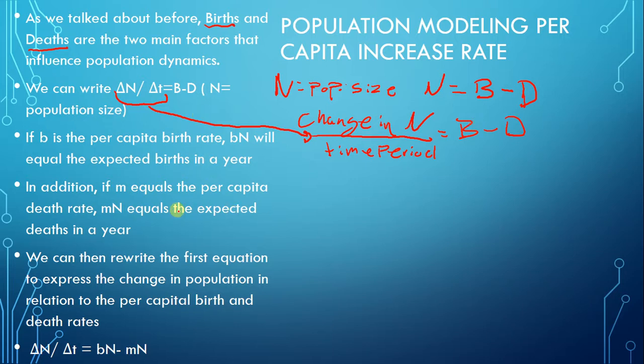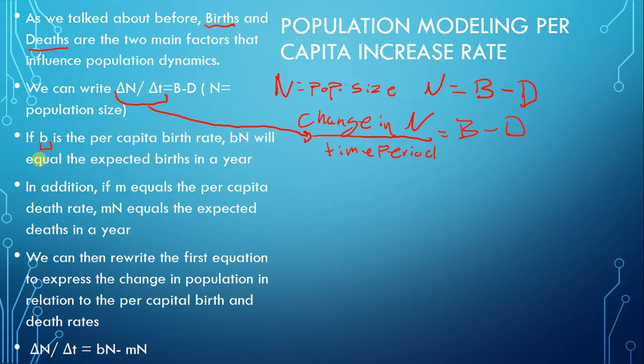We can go from there and introduce a per capita birth rate. We use a little b to represent that. Little b means how many individuals are born for every individual in that population. If we have a population of 100 and 20 babies are born, then per individual, 0.2 are born. 20 divided by 100 is 0.2 individuals born for every organism in that population.